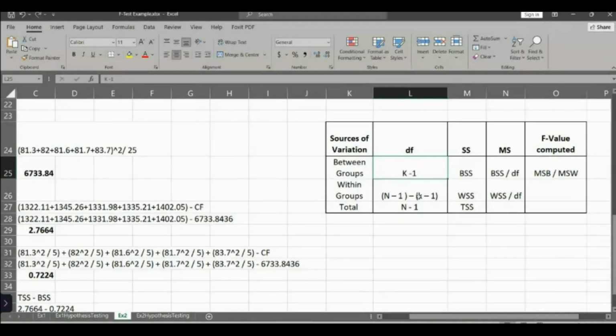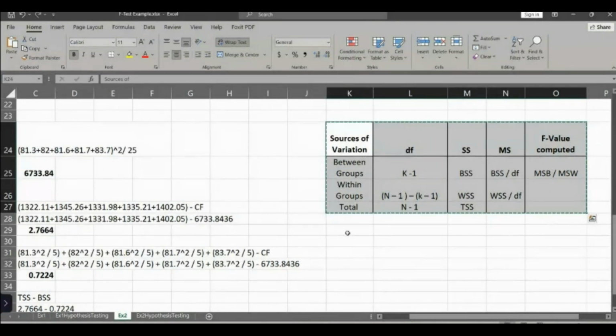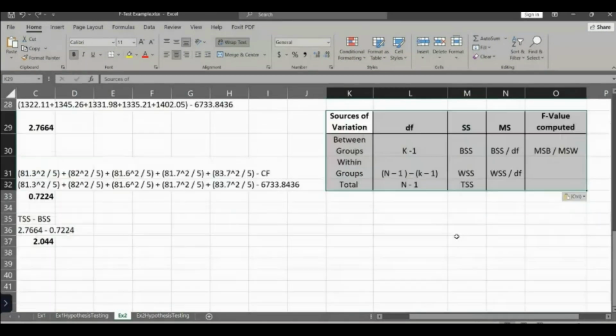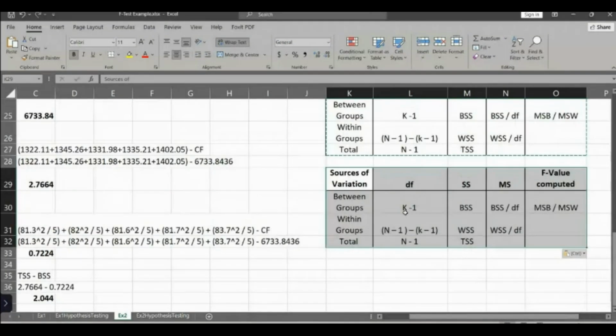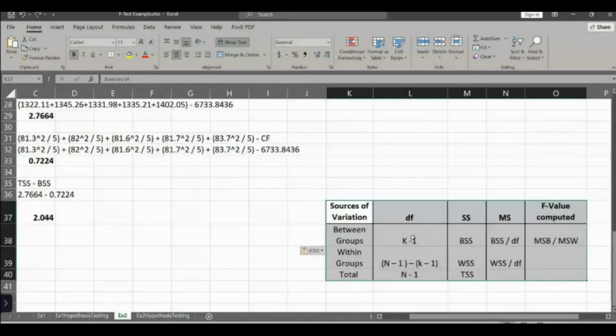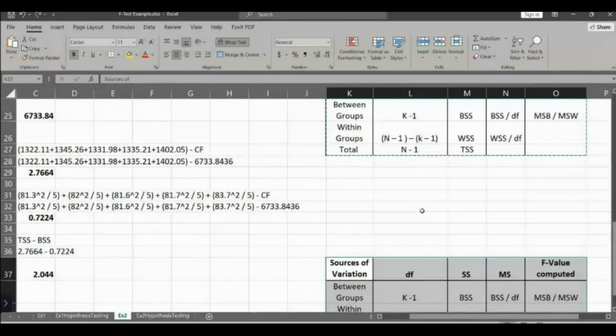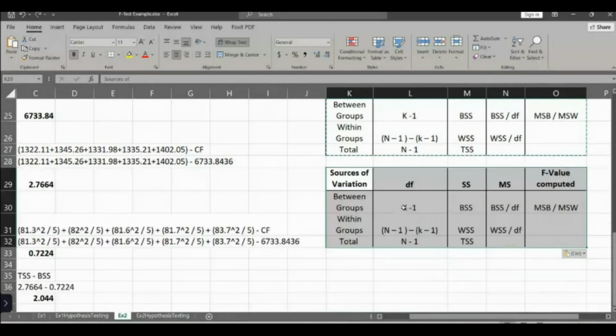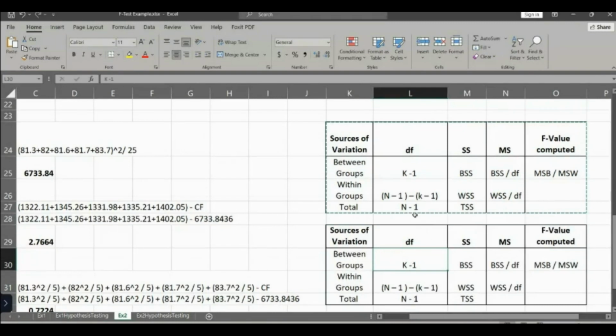We have 4. Okay? Since we have 5 groups, 5 regions being compared. So the degree of freedom ng between groups is 4.